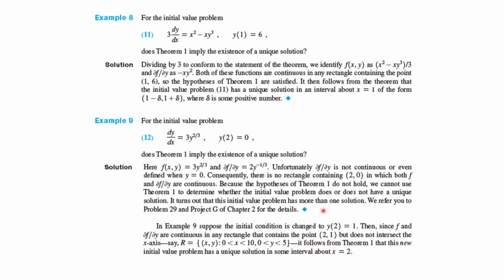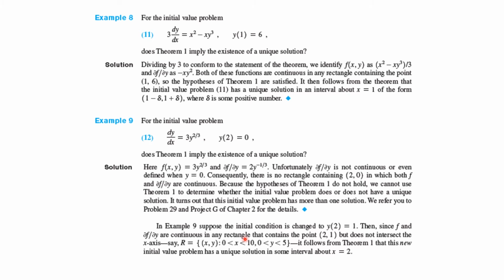Now it does turn out that this initial value problem does not have a unique solution, but it has more than one solution. I'm not going to do that now, but this is an example where the theorem does not apply. Now, in example 9, suppose that the initial condition was changed to be y of 2 not equal to 0, but equal to 1.